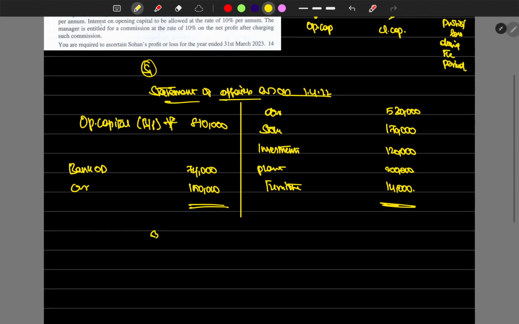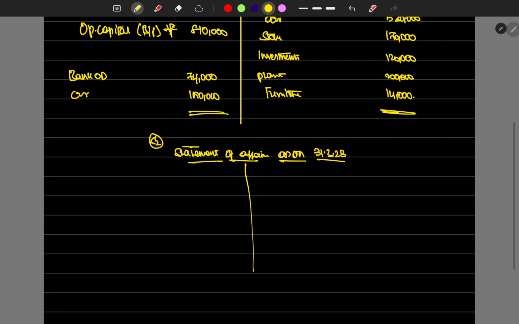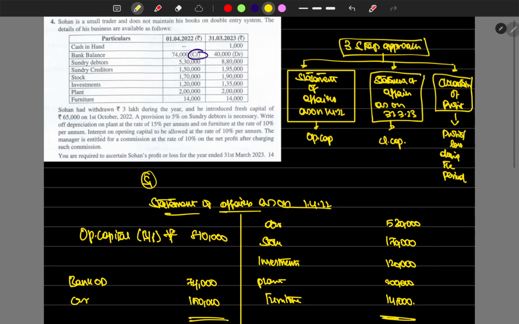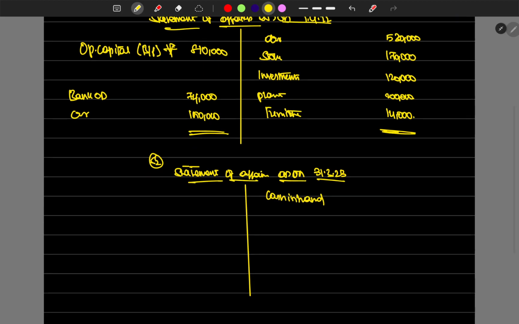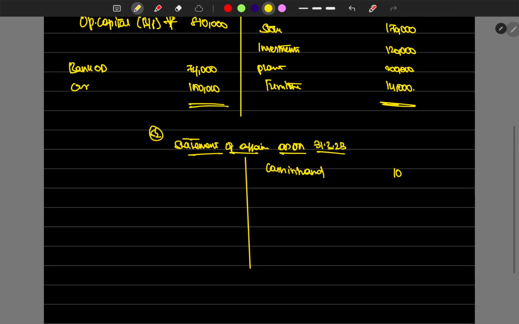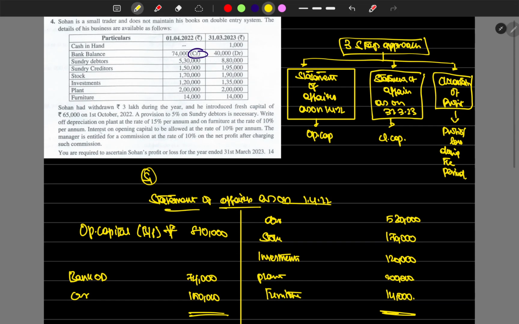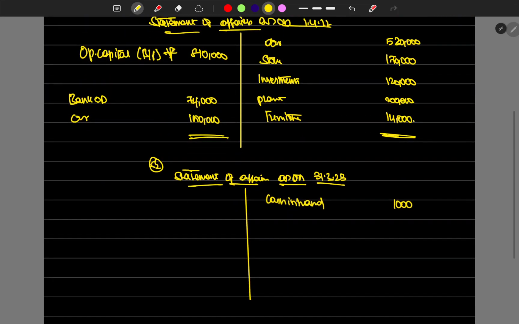We have to do the same for the closing balances also, but with the adjustments we have to make. As on 31/3/2023, cash in hand is 1,000. Bank balance is 40,000.